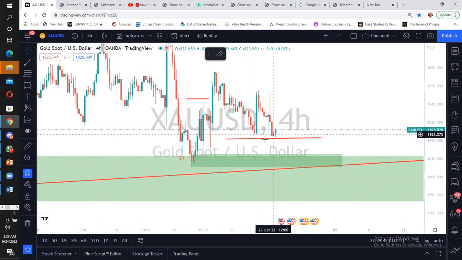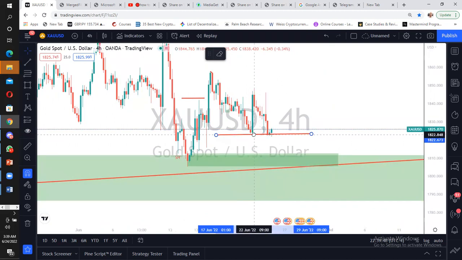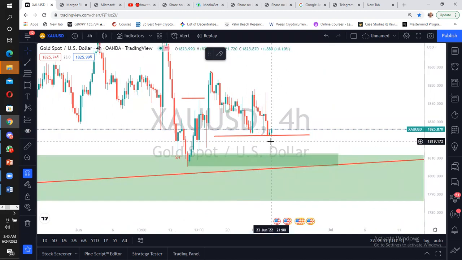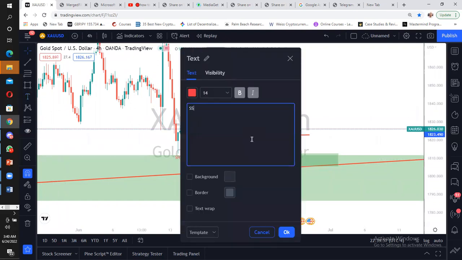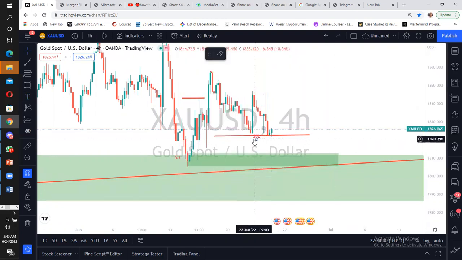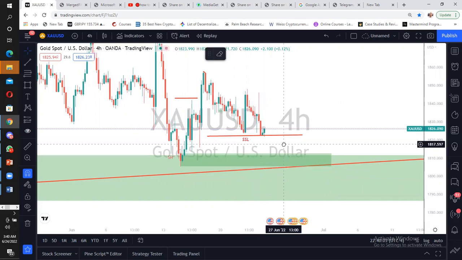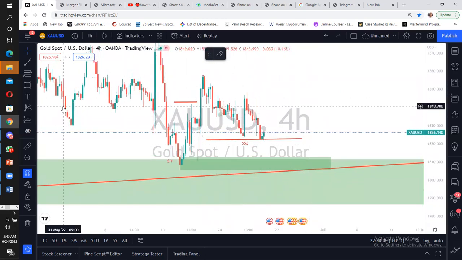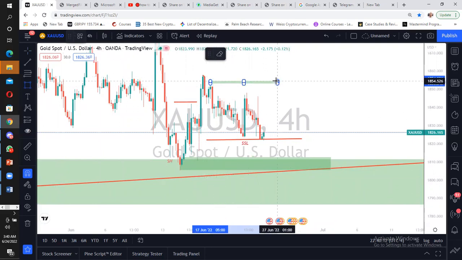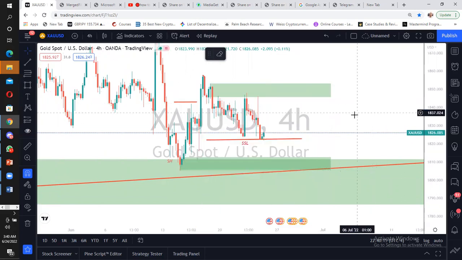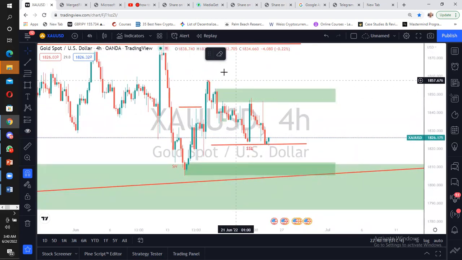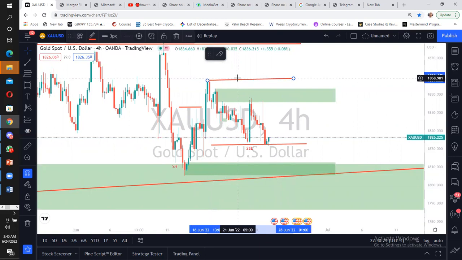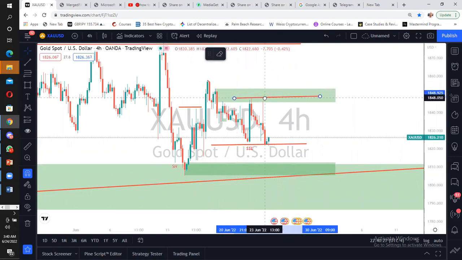So I'm taking this away. So here, we have this. And this is set stop liquidity here. And this place will have an OB here. Here, this level will have liquidity resting here too.